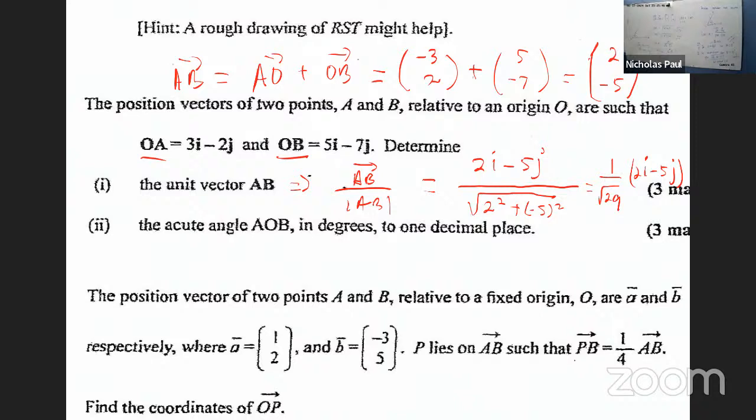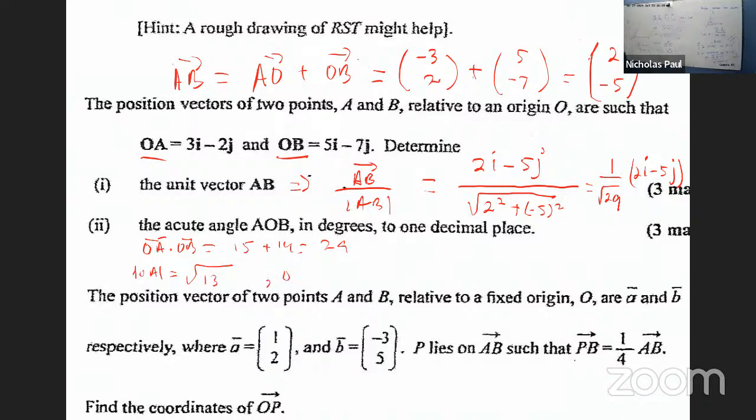All right. So let's check out the angle fast. OA multiplied by OB, I got 15 plus 14, which is 29. The magnitude of OA is the square root of 9 plus 4, that's root 13.